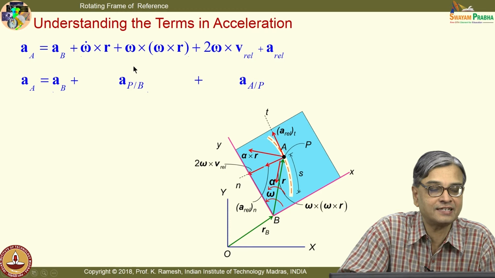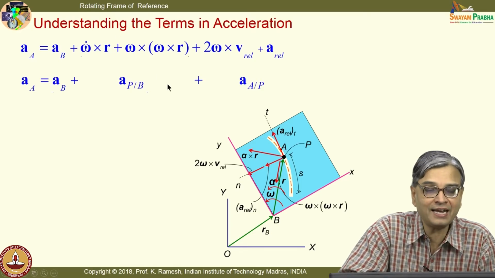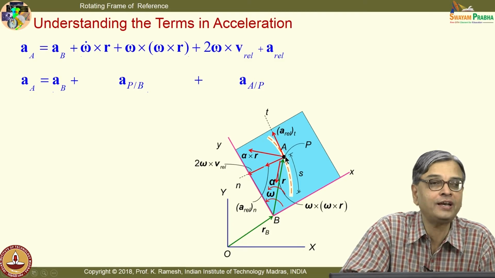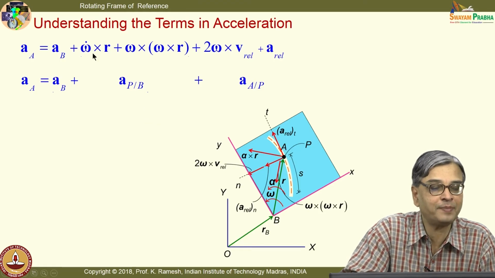So, like I discussed earlier, you can easily understand that alpha cross r plus omega cross omega cross r is what we could get if I attach a non-rotating translating axis at B and view the fictitious point P. The point is coincident with A. So, this is nothing but the relative acceleration of point P with respect to B.